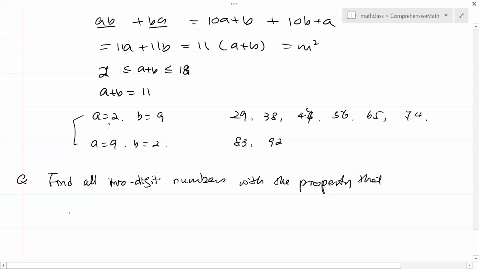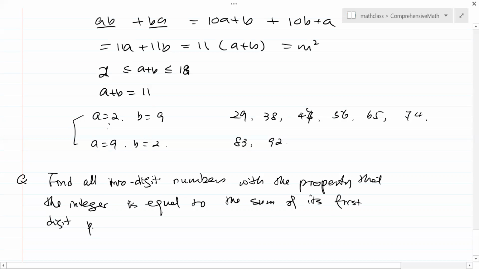The integer is equal to the sum of its first digit plus its second digit, and plus the product of those 2 digits.